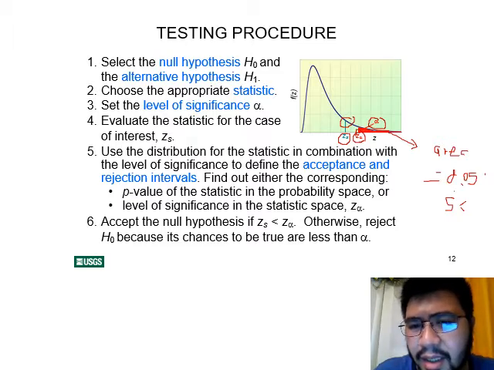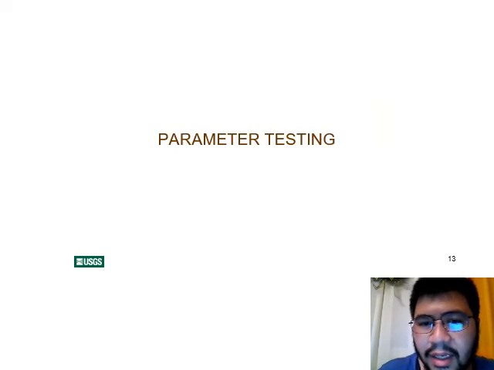Actually, it depends on the test here. So the Z score here is left of your Z alpha.